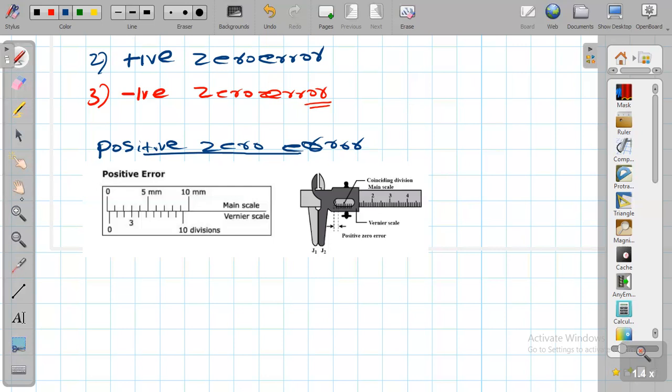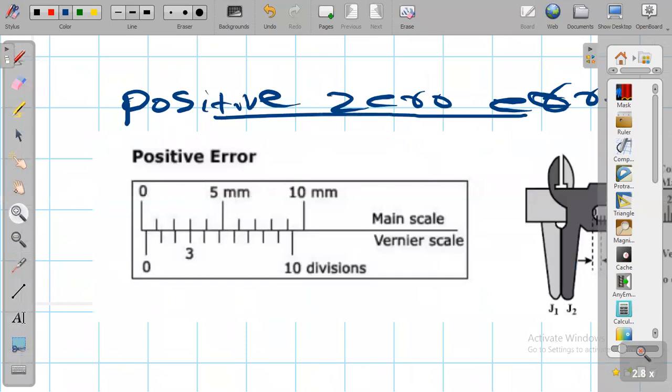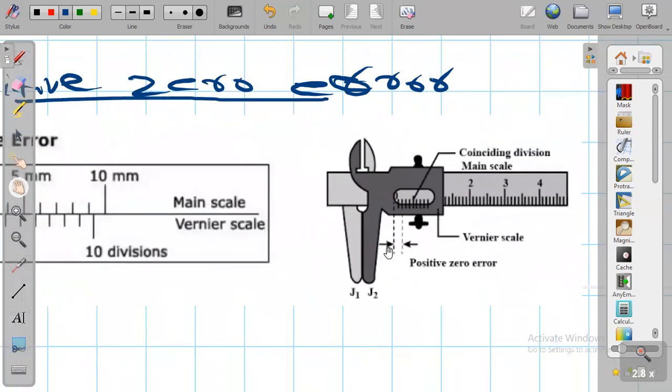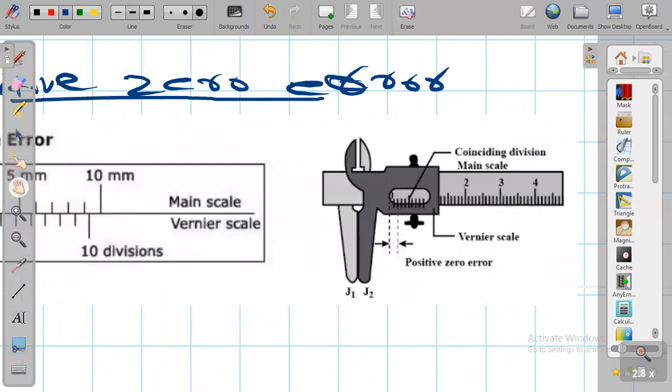Now have a good look at this one. You can see jaw 1 and jaw 2 are firmly closed, and you may see there is a reading here. Actually, the reading has moved even though the jaws are closed.